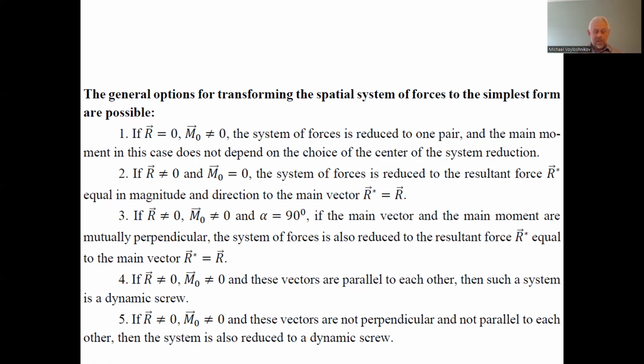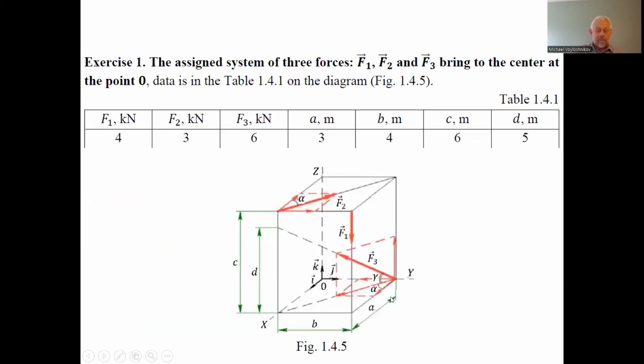The free moment, the projection of the main moment onto the plane where the resultant force lies, remains in the same direction. So we have the dynamic screw, but applied to another point of the mechanical system.